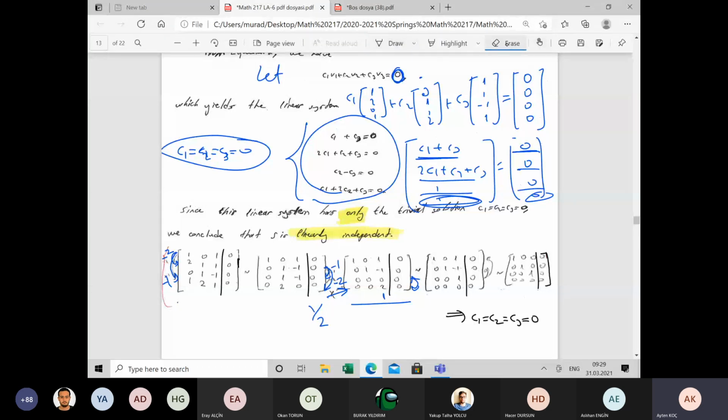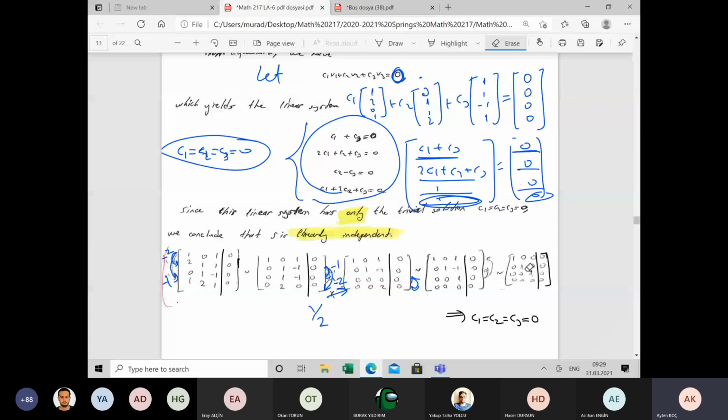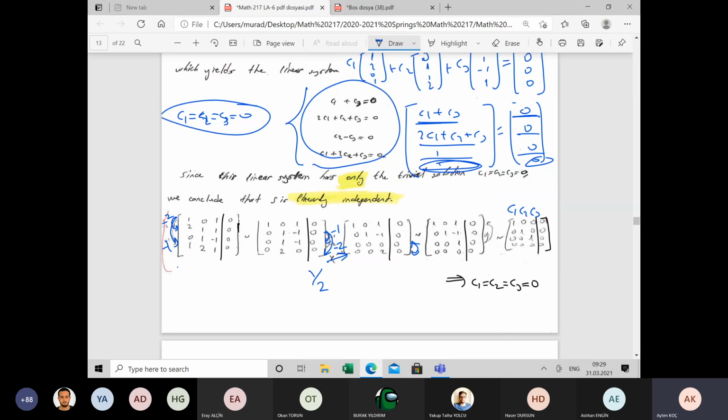So we obtain the reduced row echelon form. Look at the last augmented matrix for C1, C2, C3. The first row gives C1 is 0, the second gives C2 is 0, and the third row gives C3 is 0.